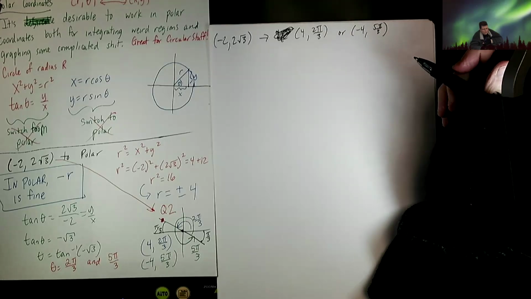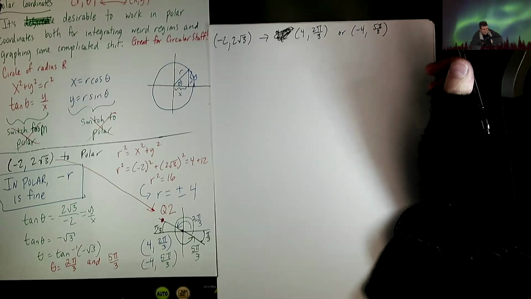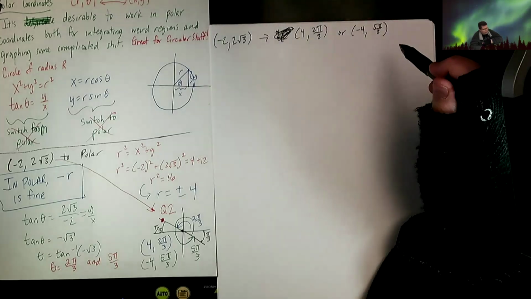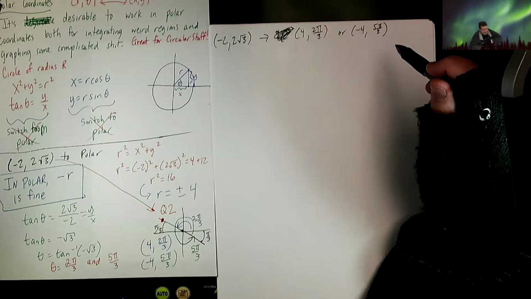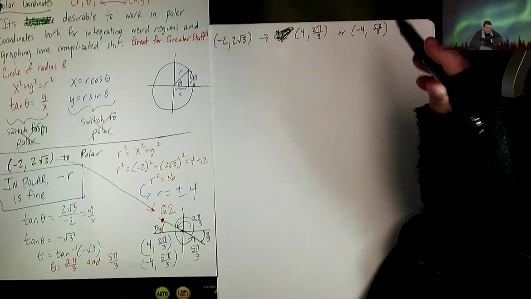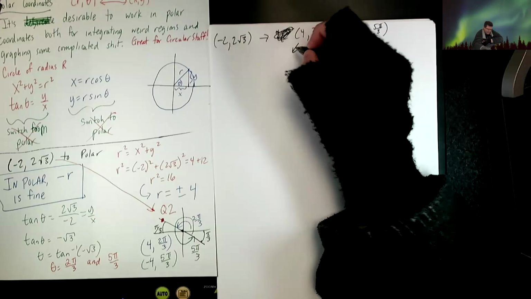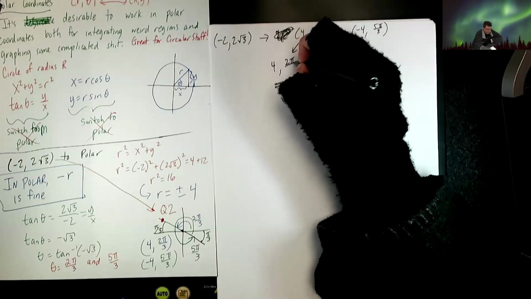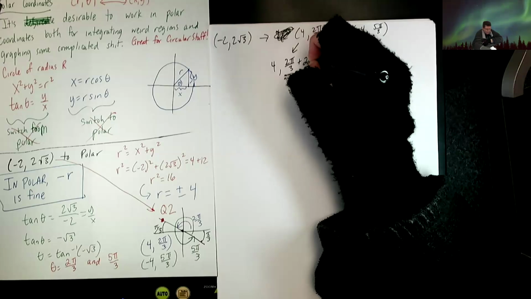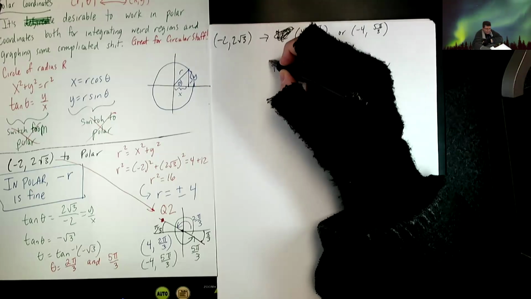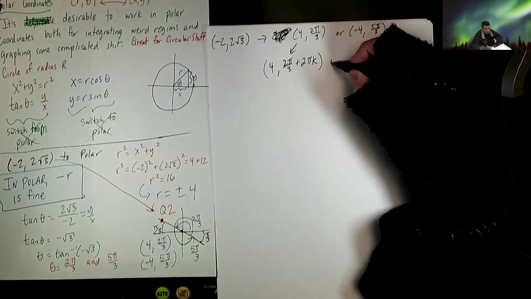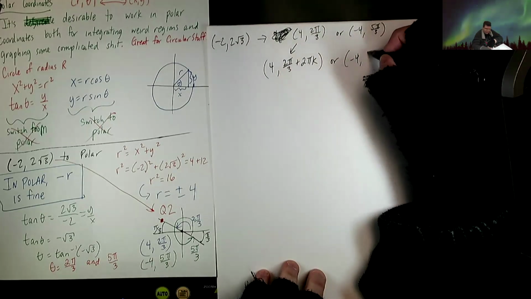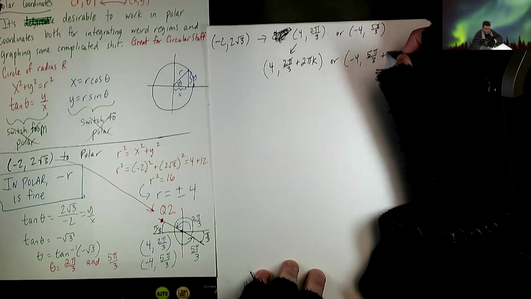But working in polar, if I go a full 2 pi around again in radians, I'm back at the same point. So actually, this is (4, 2 pi over 3 plus 2 pi k) or (-4, 5 pi over 3 plus 2 pi k).